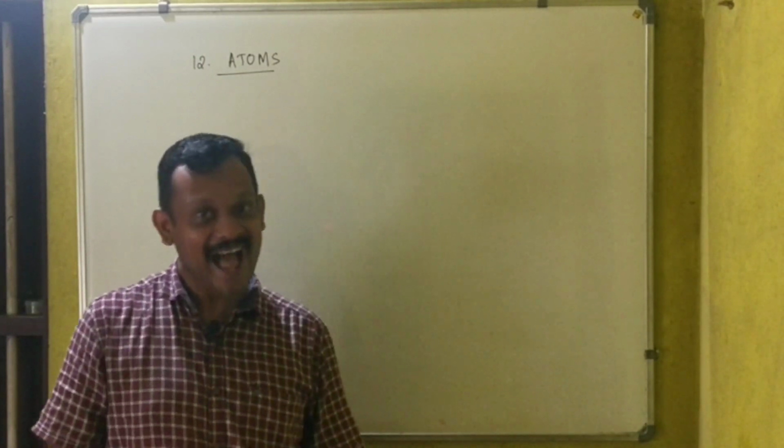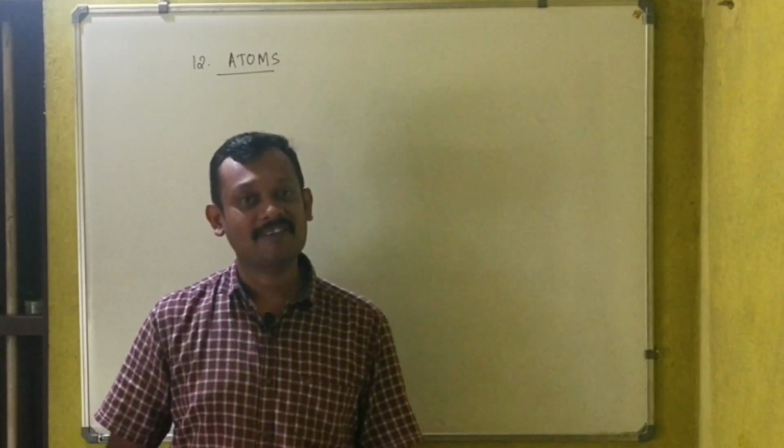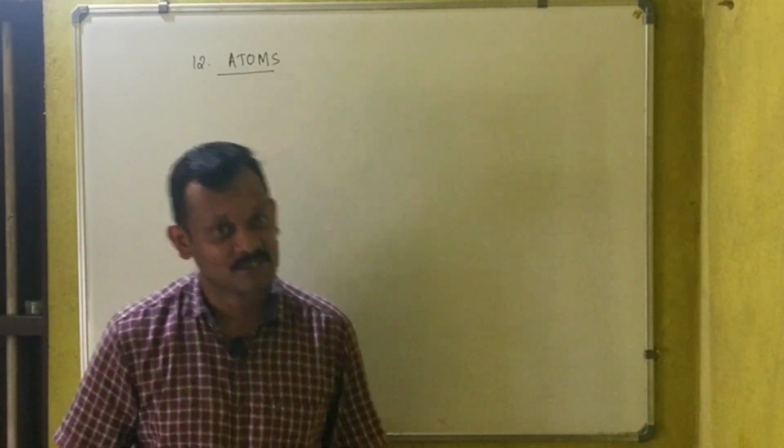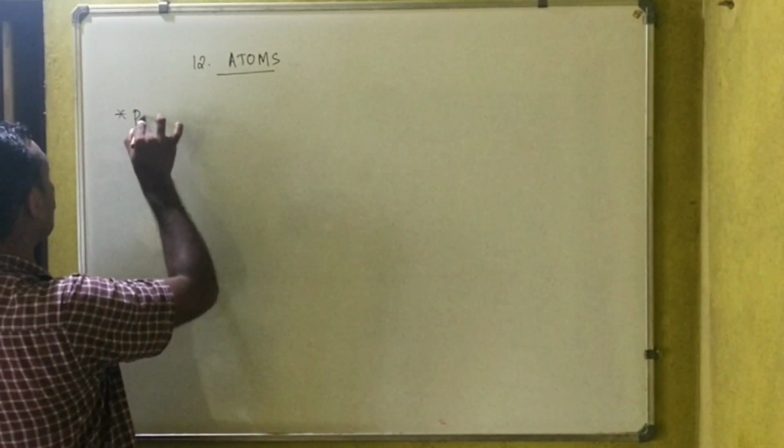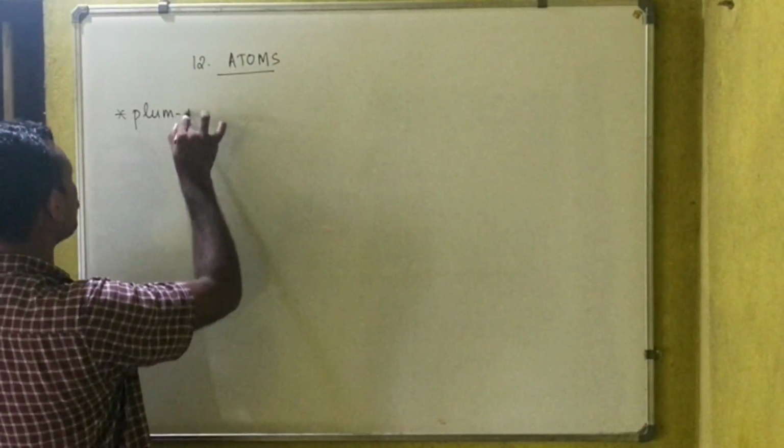Later, atoms were also divided after the discovery of electrons by Sir J.J. Thomson. There came the model called the plum pudding model proposed by J.J. Thomson.